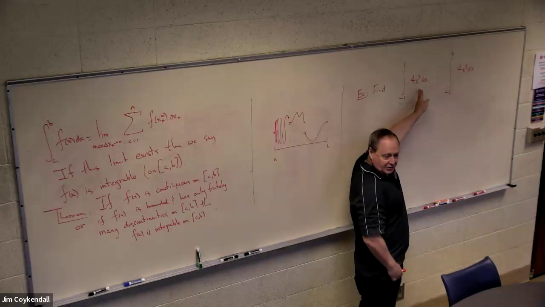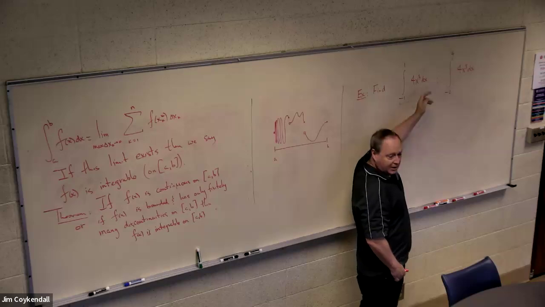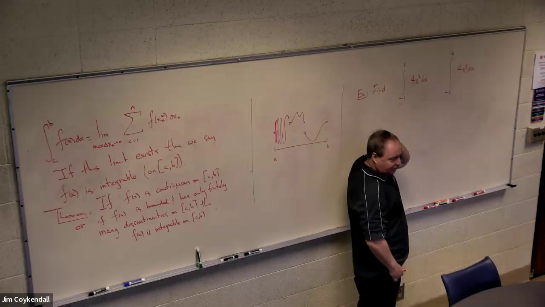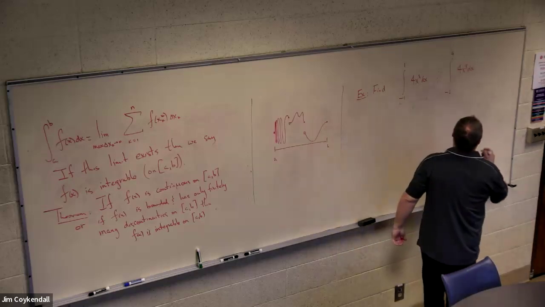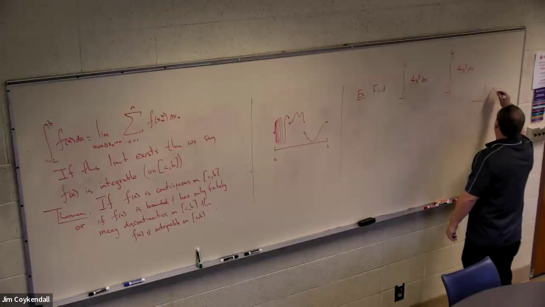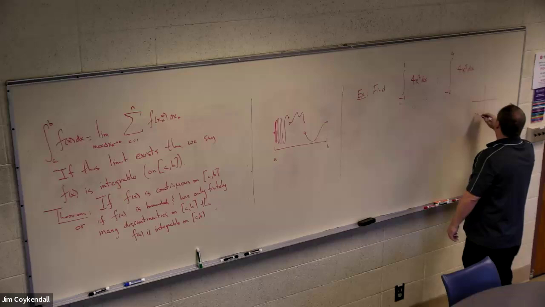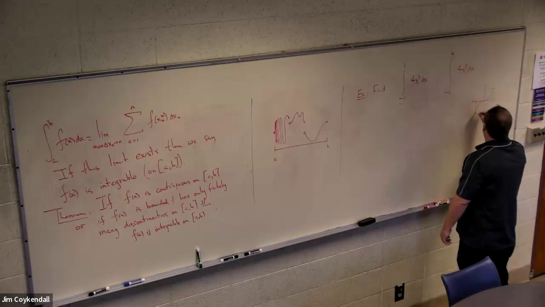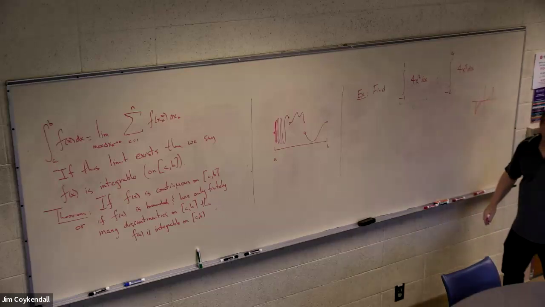This is an odd function, right? Because f of minus x is minus f of x. So this is a symmetric interval about the origin. So here's what I'm thinking. I'm thinking that these areas should cancel out.